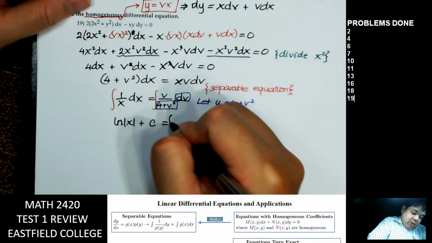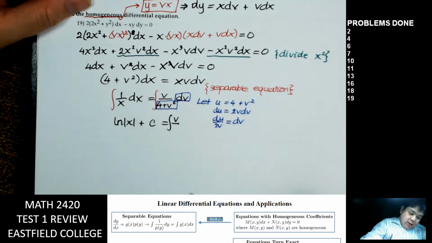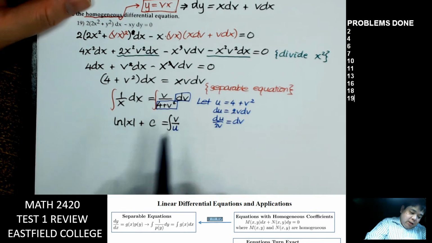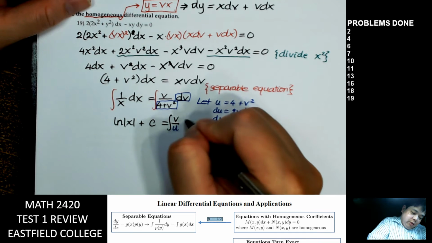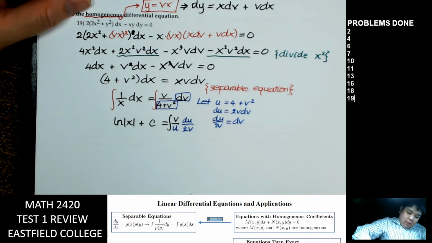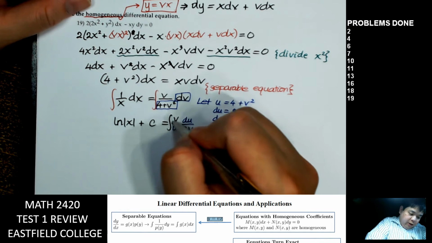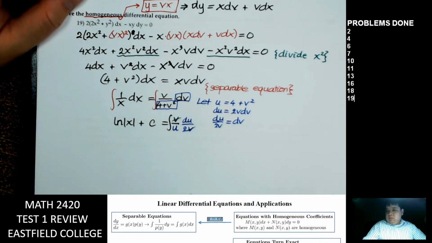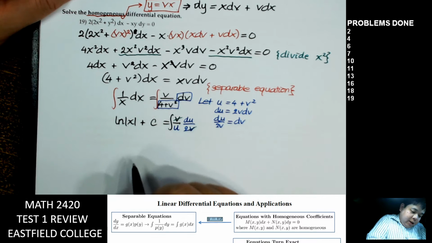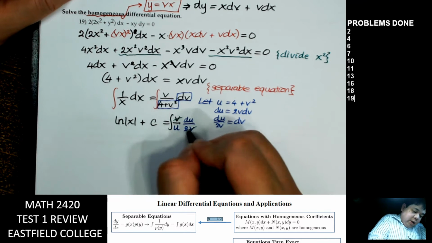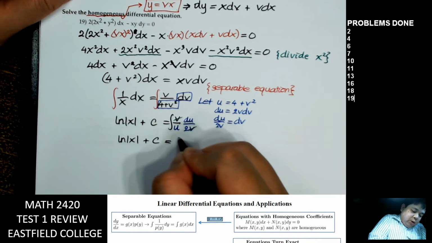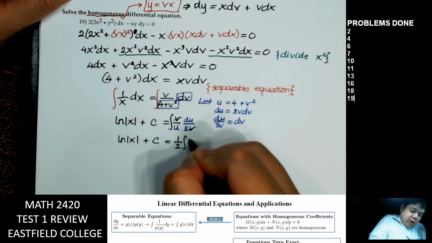So v over u, and dv is du over 2v. V and v cancel out, so ln of x plus c equal to 1/2 the integral of 1 over u du.